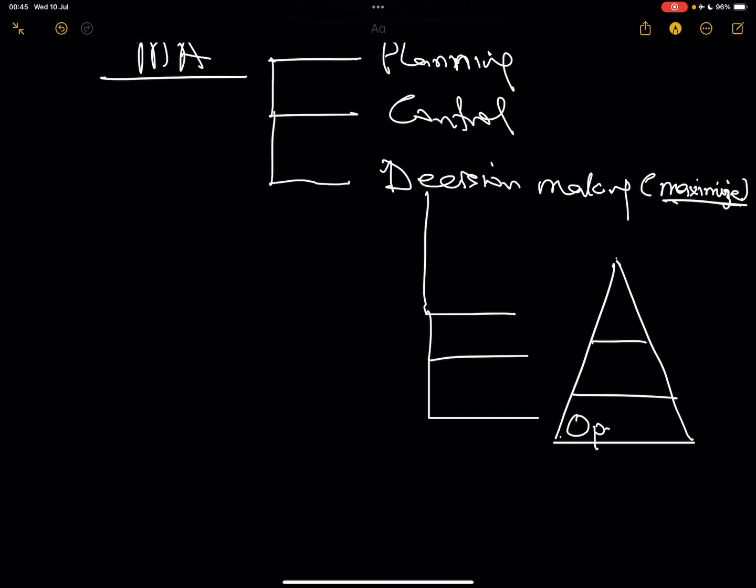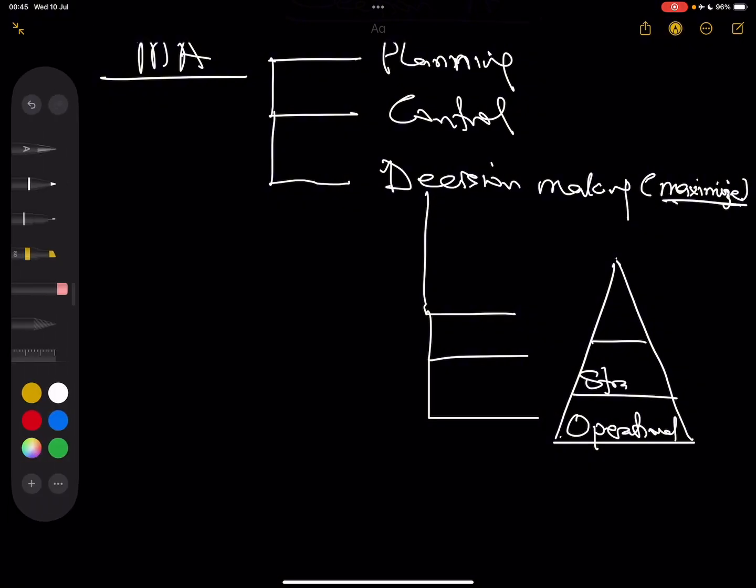You have the operational level, you have tactical in the middle, and strategic. So these are the three levels at which information or decisions are taken. And how are they different?